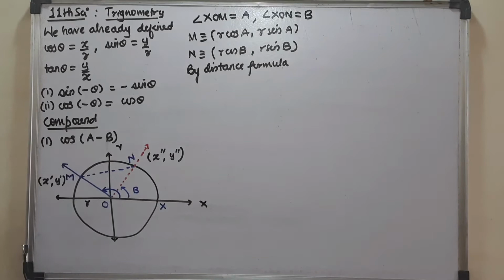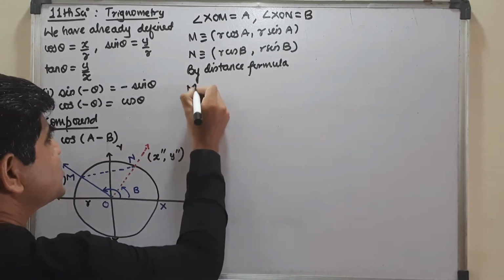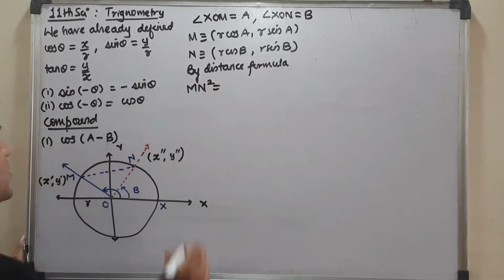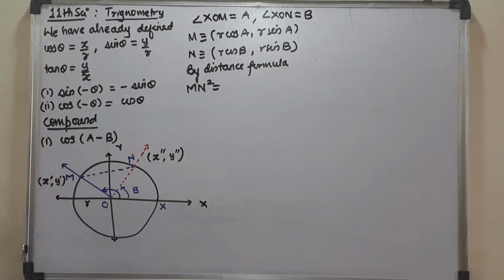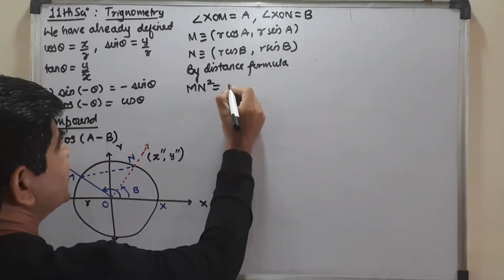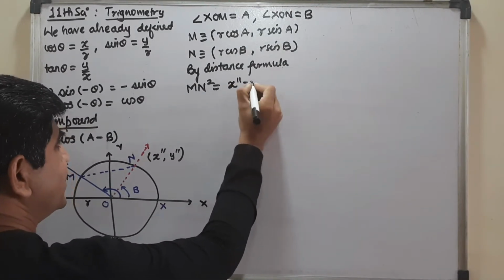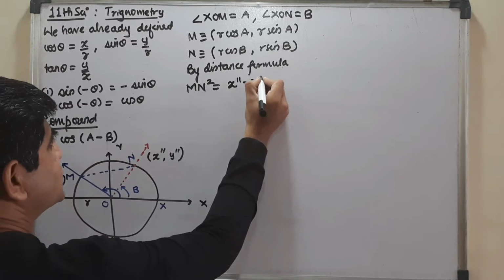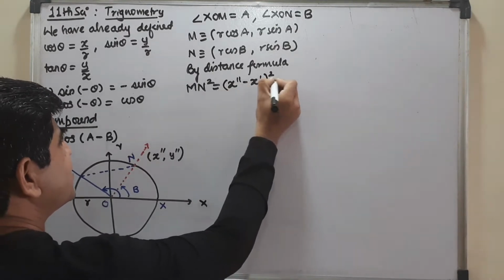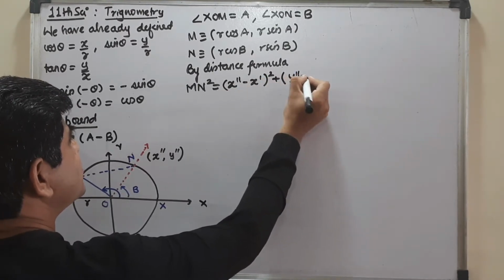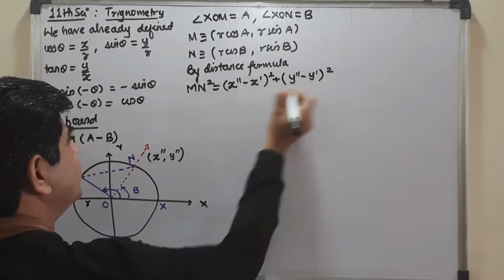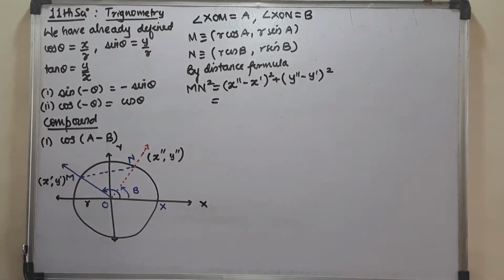MN square, you know that the formula is x2 minus x1 the whole square plus y2 minus y1 the whole square, for which I have already taken the coordinates.